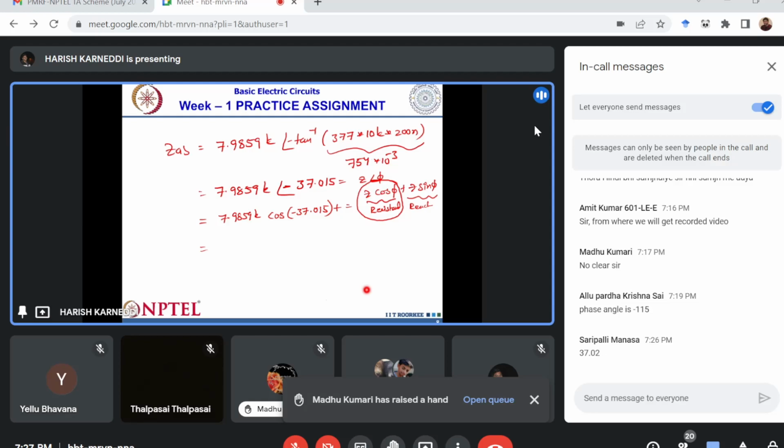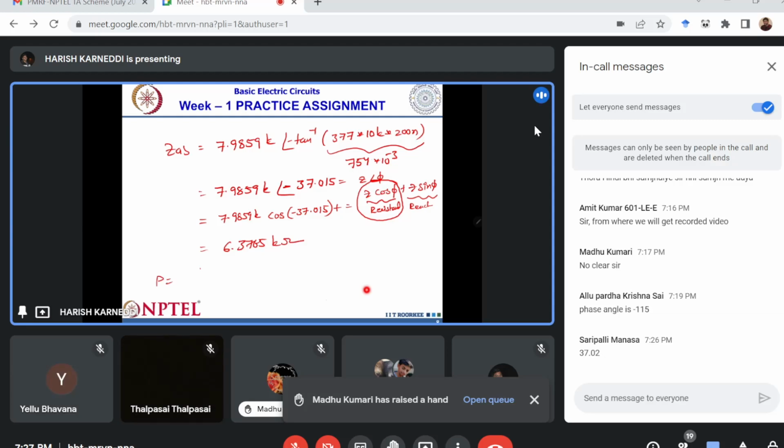So 7.9859 into 10 cube into cos 37.015. This is approximately 6.3765 kilo ohm.